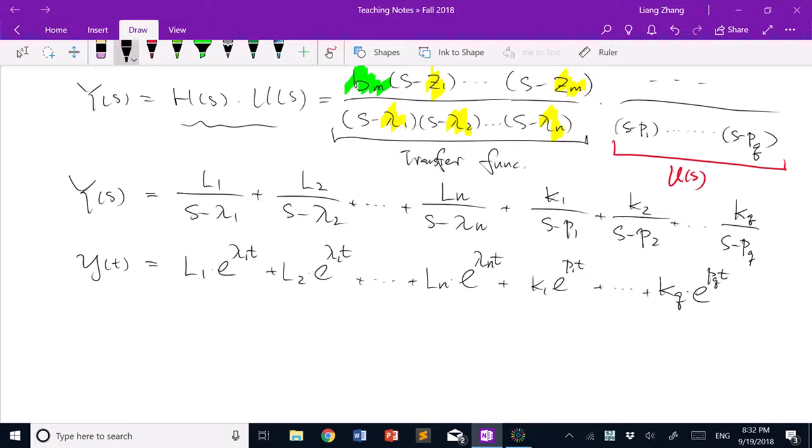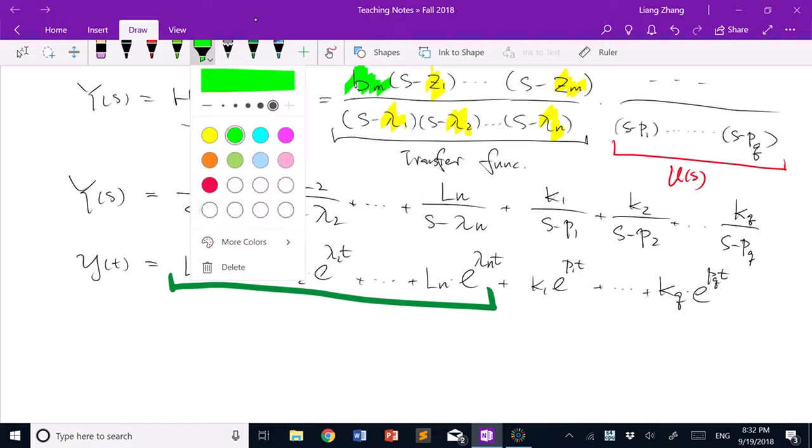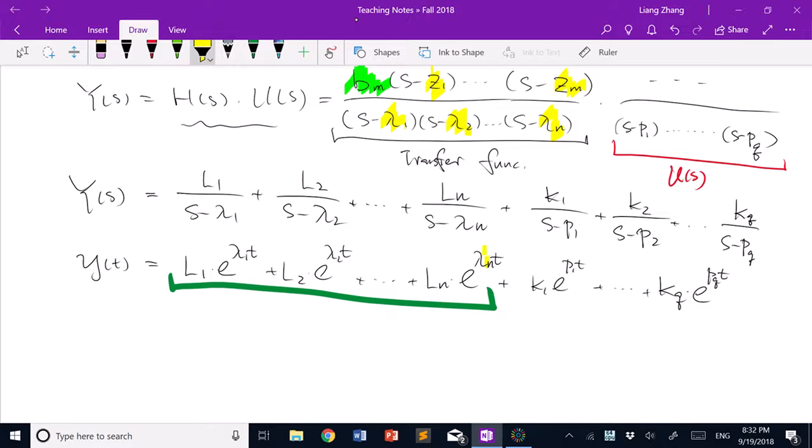And if you think a little bit further, about what we have discussed in 3101, these terms have all the exponents being the characteristic roots. And all of these, we give them a special name.